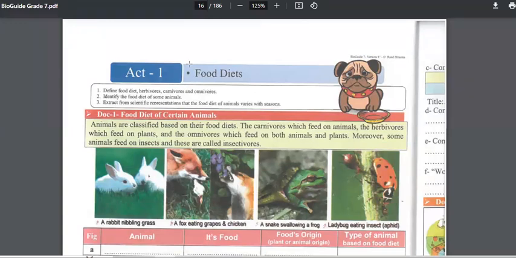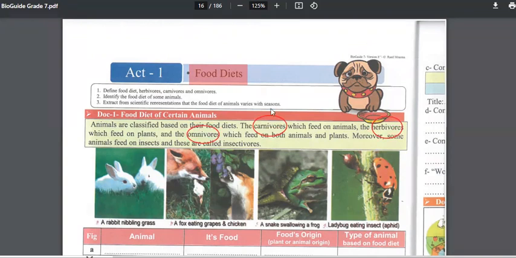So food diets are the food that animals consume during a certain period of time, as we saw that some animals change their food diet depending on the seasons or the weather, okay? And based on their food diets, animals can be classified into carnivores, herbivores, and omnivores.